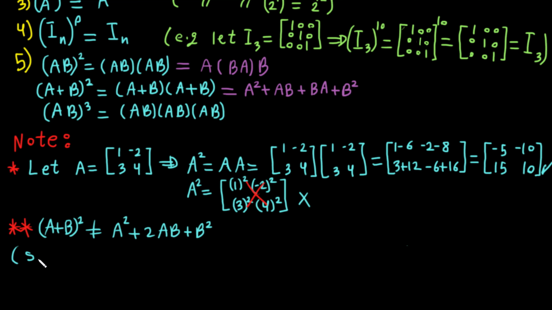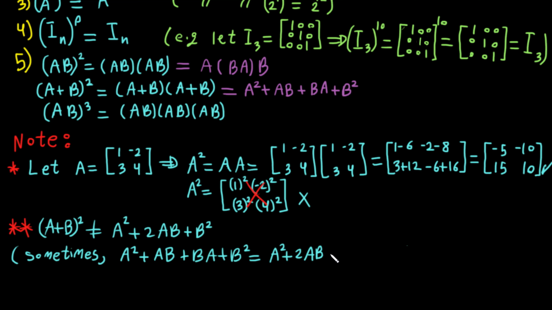But sometimes A squared plus AB plus BA plus B squared equals A squared plus 2AB plus B squared.